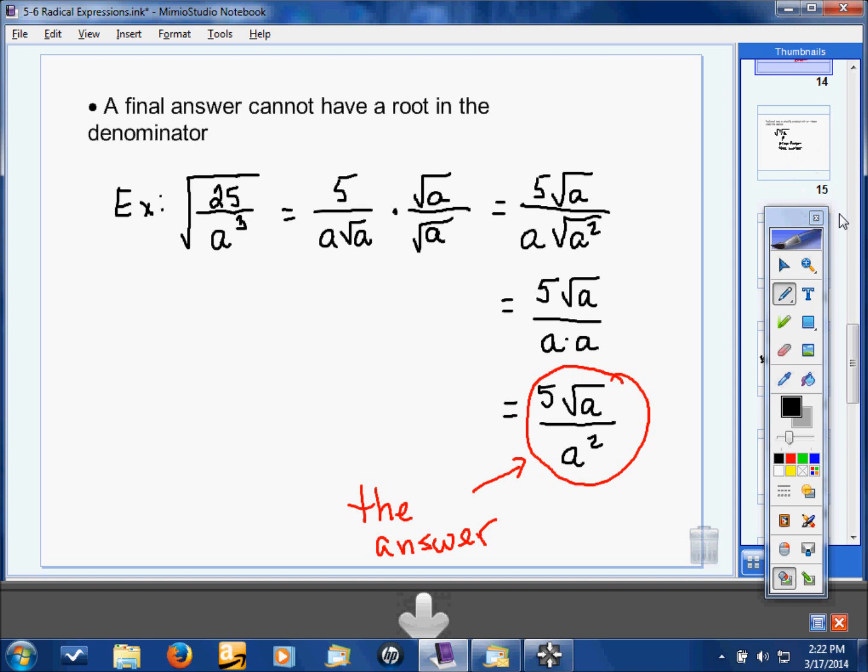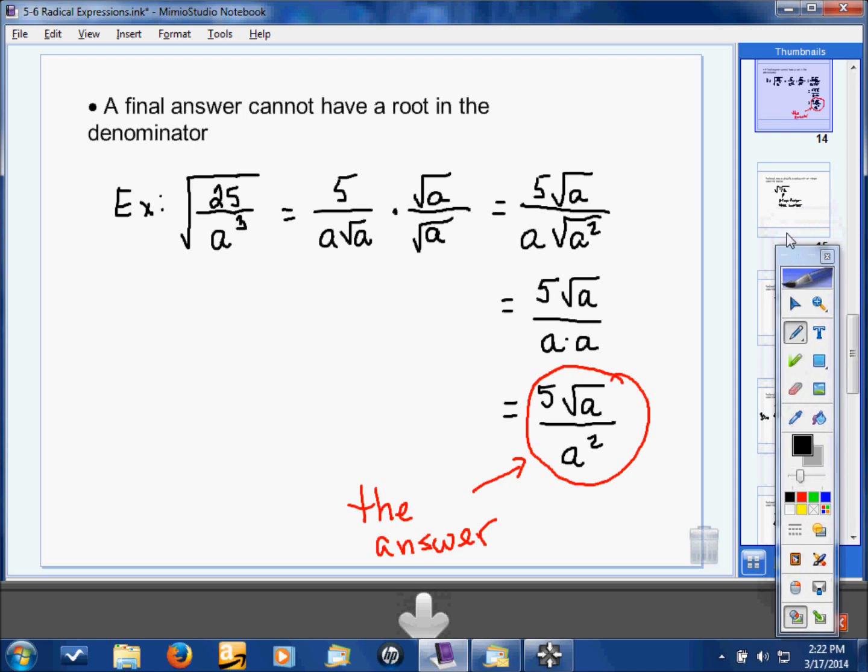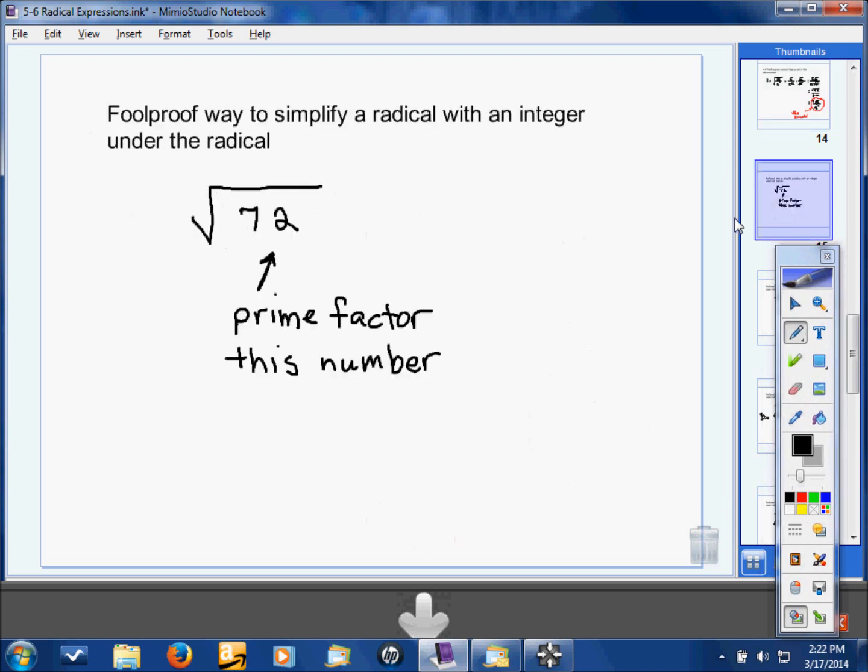Okay? Now, we do need to do more on rationalizing a denominator, but before we do, I want to just backtrack a little bit, okay? Because we do need to cycle back to this. But what I need to do is show you a foolproof way to simplify a radical when you just have a number underneath.